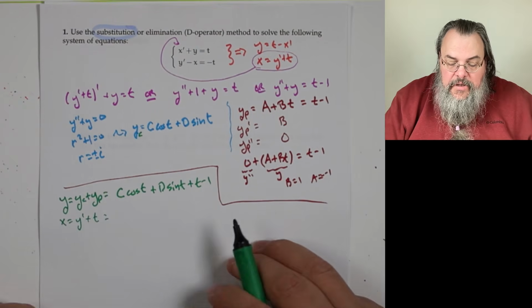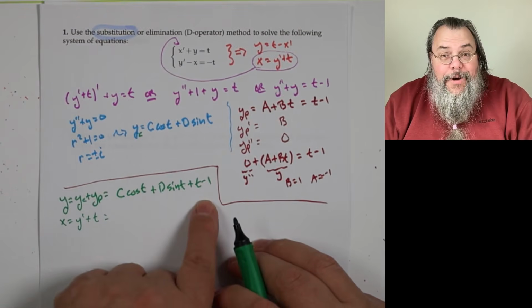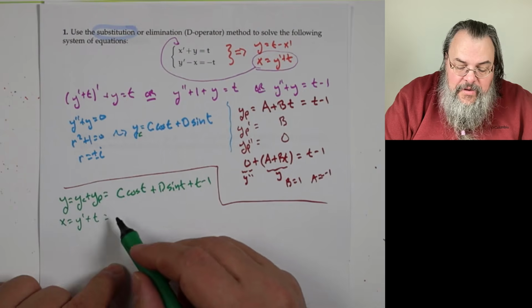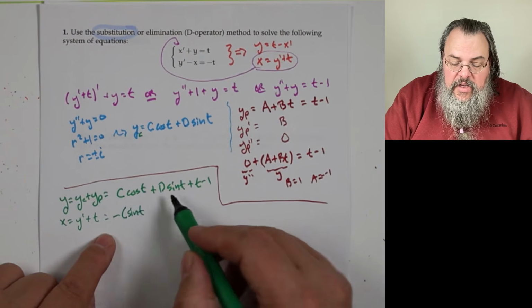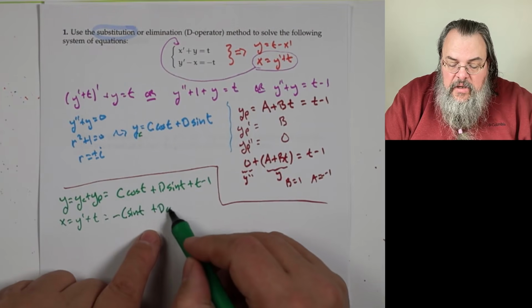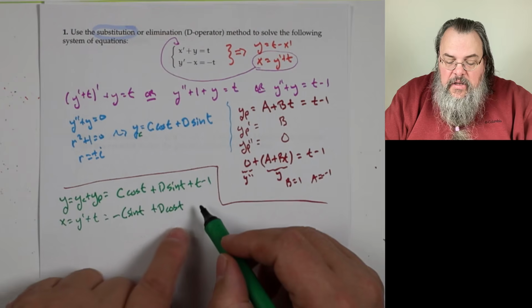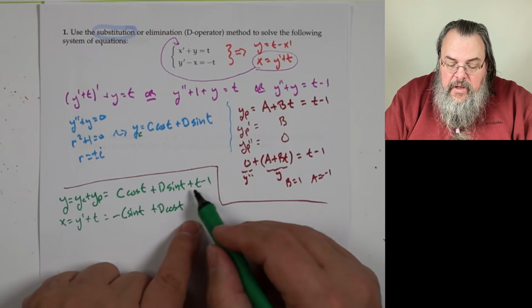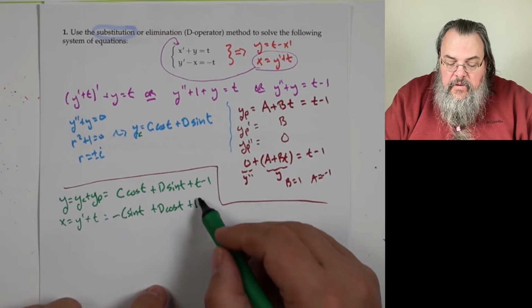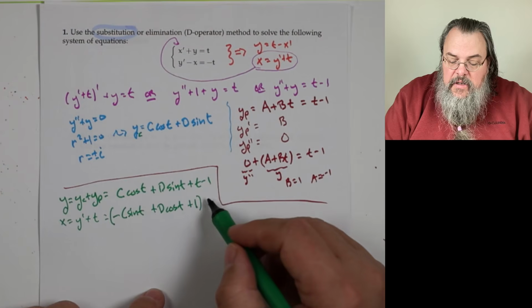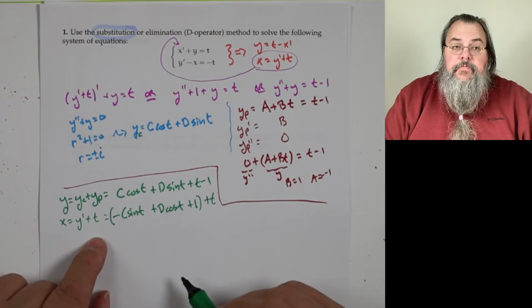And we happen to have y here. So what is y prime? Take the derivative: minus c sine t plus d cosine t, and then plus the derivative of this, which is 1, since the derivative of t is 1. So here's the y prime part, and then plus t.